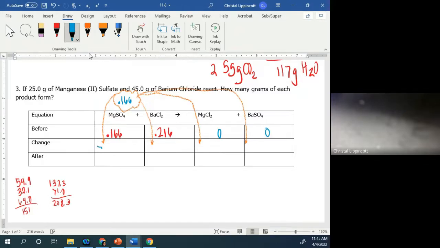Here I'm going to be subtracting because they're my reactants, and I'm going to be adding because it's my products. They're all, in this case, multiplied by 1. That makes the math easy here.